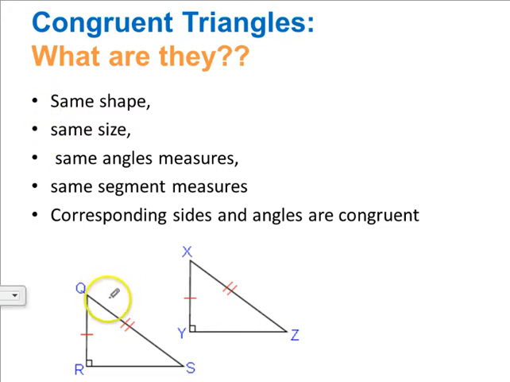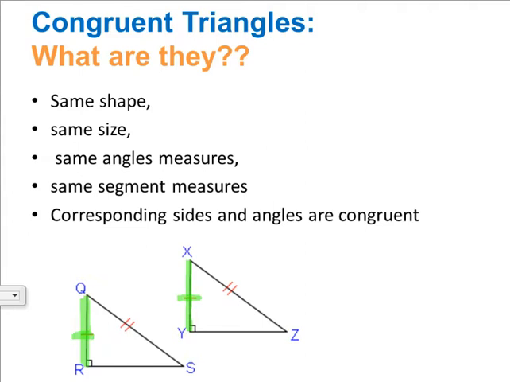So again, when we talk about corresponding, it means located in the same position. So side QR is corresponding to XY on this other triangle. And remember these little ticks here: see how there's one little tick here and one tick on the corresponding side? That lets us know that those sides are congruent.